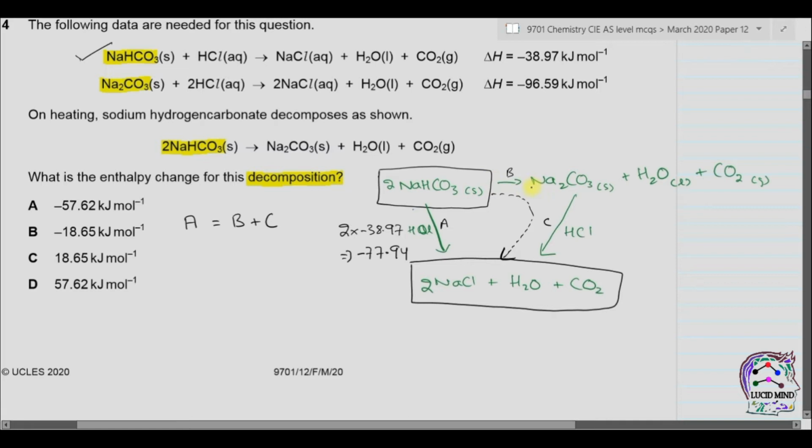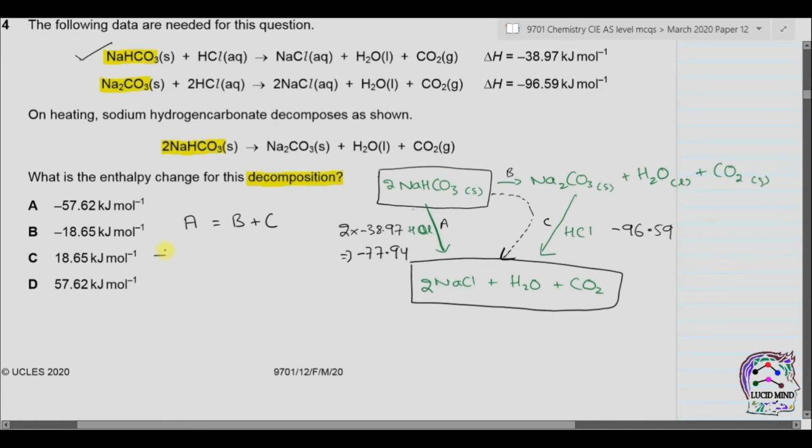B step is something that we have to find out. C is also given in the question. Sodium carbonate plus 2 HCl gives minus 96.59. So C is minus 96.59.